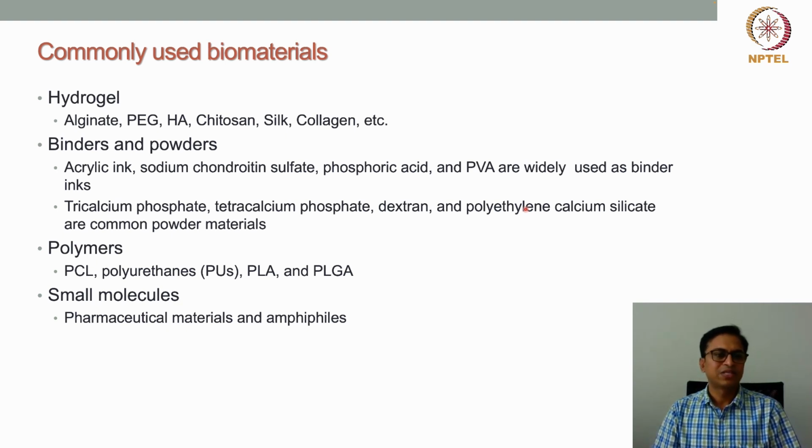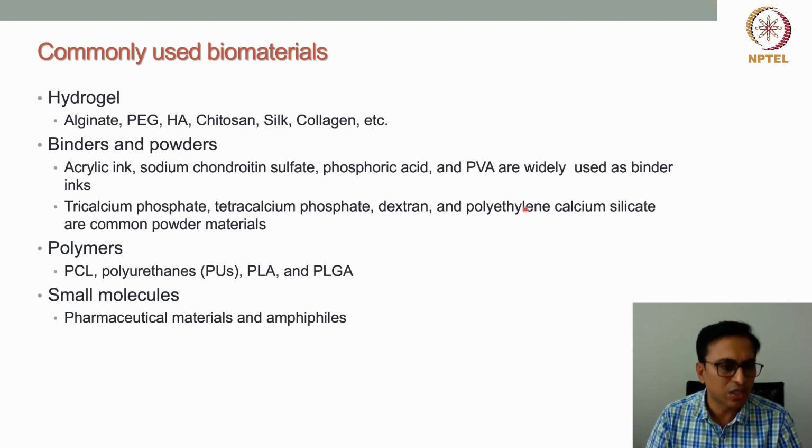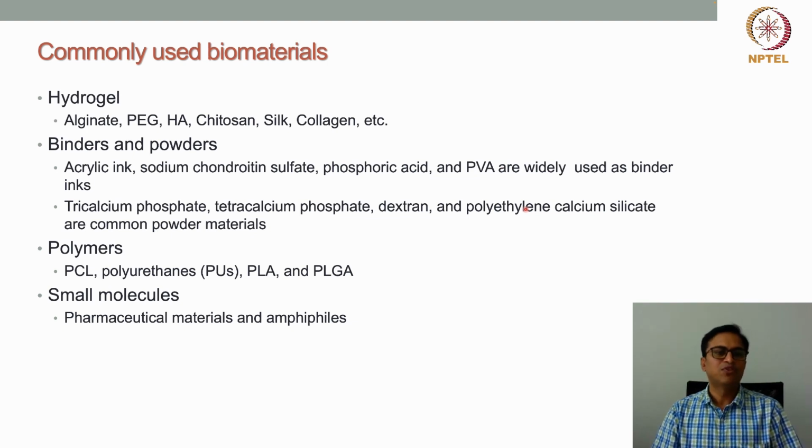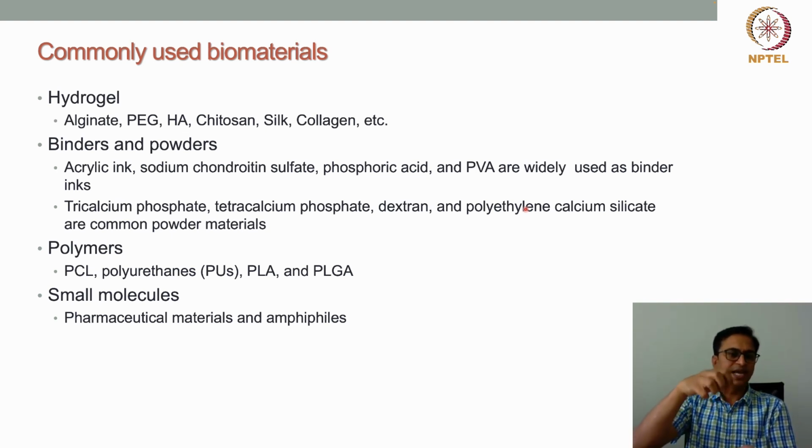Right? The next class of materials are the binders and powders. This inkjet printing technology can also be very well used for making structures with a powder bed. Suppose we make a powder bed first, and then with the inkjet printing head we spray the binders.